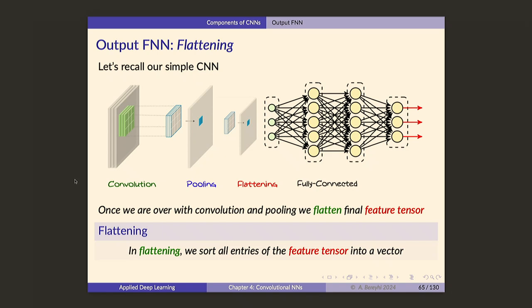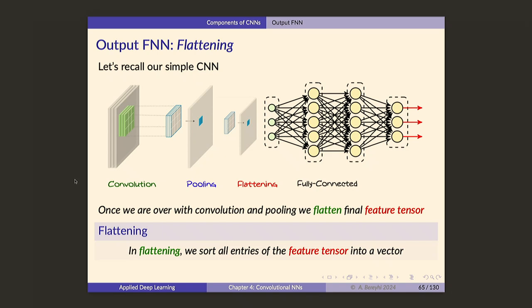Now what I'm going to do is make an agreement. I start from one point in the tensor and go through it in some order, however you want, and put the entries in the form of a vector. I look at the first entry in the first map, in the top left corner, and write it as the first entry of my vector. Then the next one is the second entry, and I go on till I'm done with everything in the tensor.